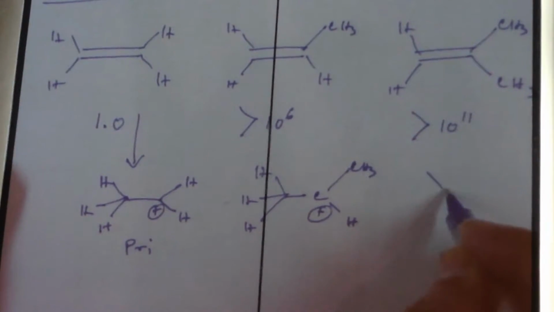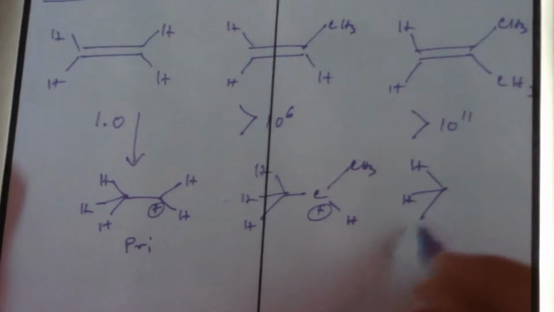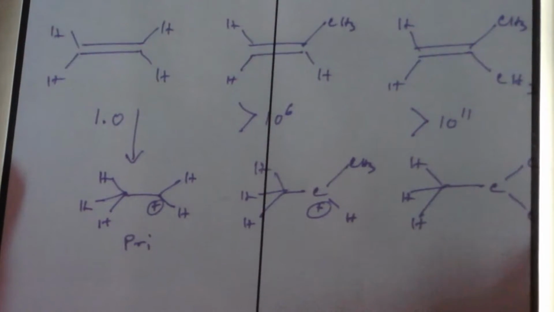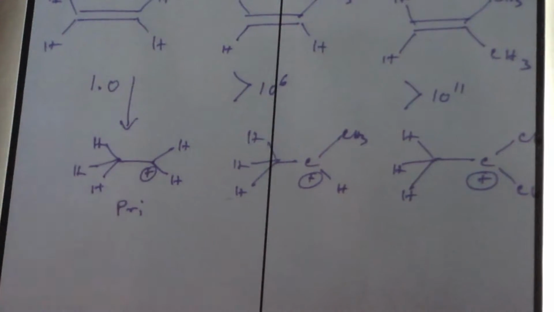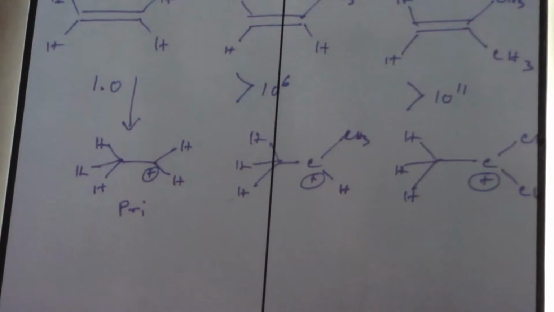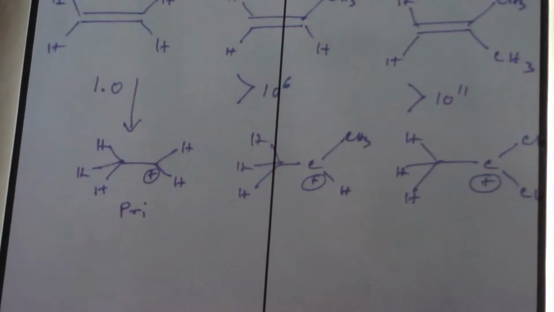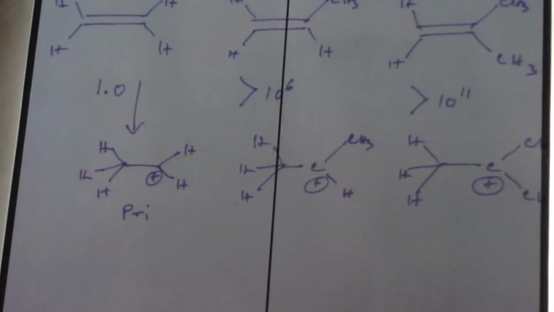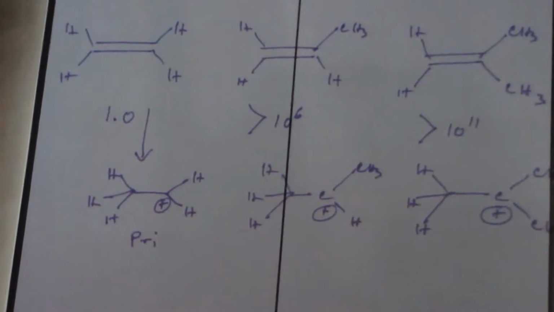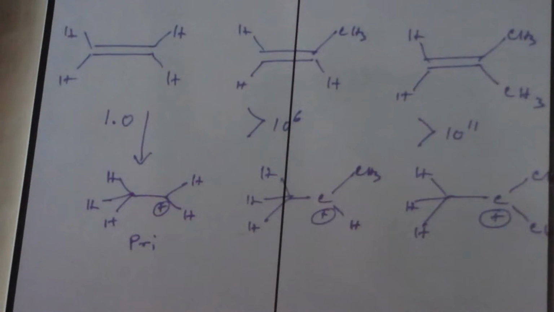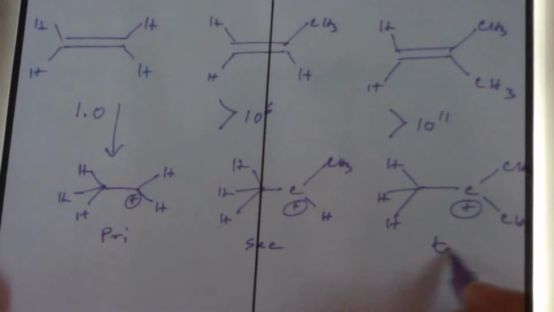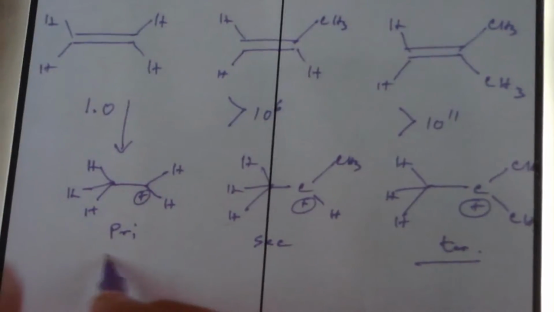The third case is tertiary. Because we're just following Markovnikov's rule that hydrogen is added to the carbon with the maximum number of hydrogens, generating the carbocation. And because of the involvement of the carbocation, whose stability depends enormously on how substituted that particular carbocation is, this is primary, this is secondary, and this is tertiary. There is a huge rate difference that we see.